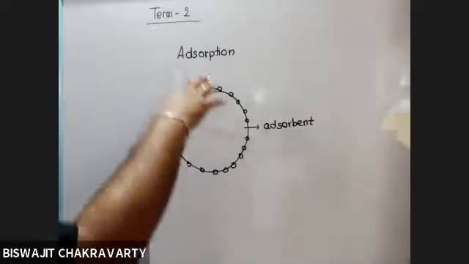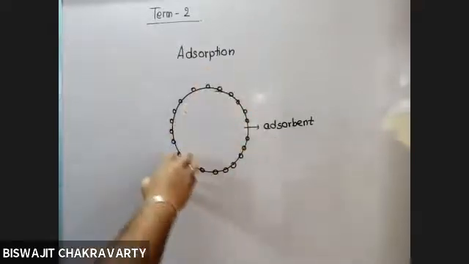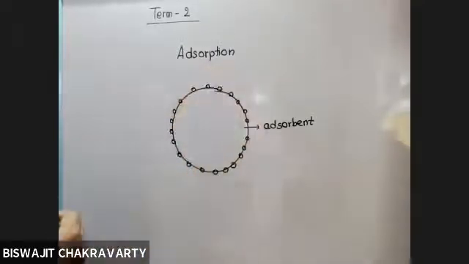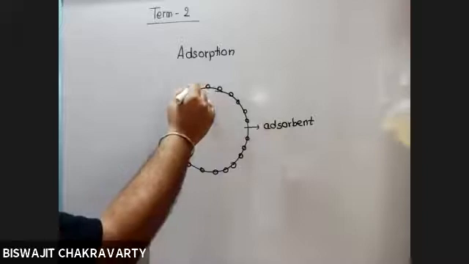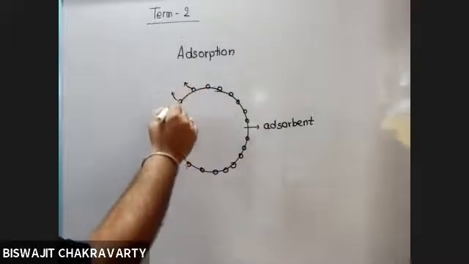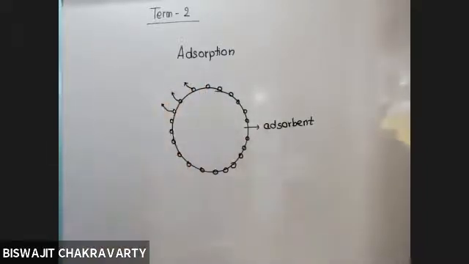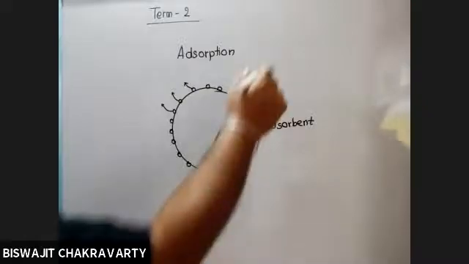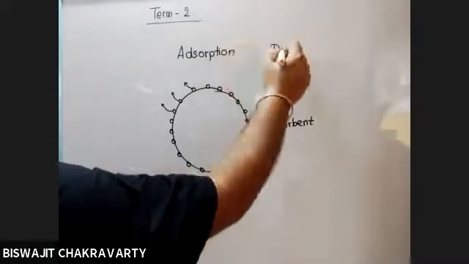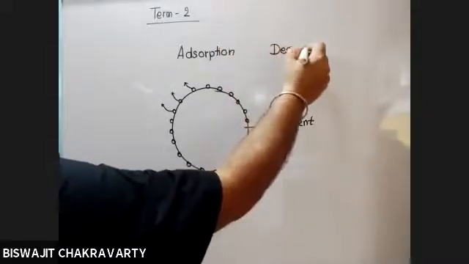initially when there is adsorption, the molecules will block the spaces, but after some time, it is just like saying that some people are getting bored with the program and some of them will try to leave the surface, and this leaving the surface is referred to as the opposite of adsorption, which is called desorption.